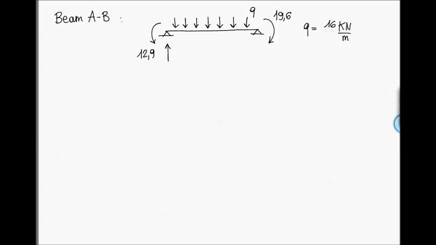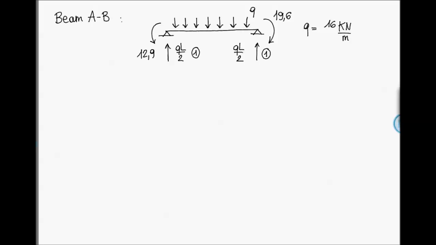One is the contribution due to the uniform distributed load, so it is equal to QL over 2. And then we have a second contribution given by the presence of the two bending moments at the extremities, whose diagram can be considered linear.